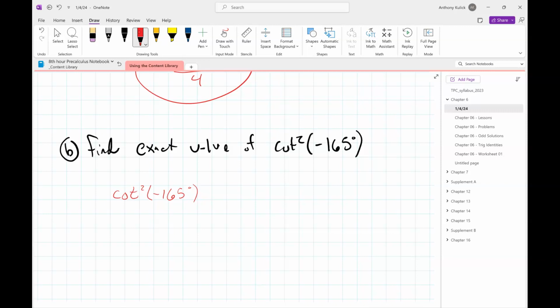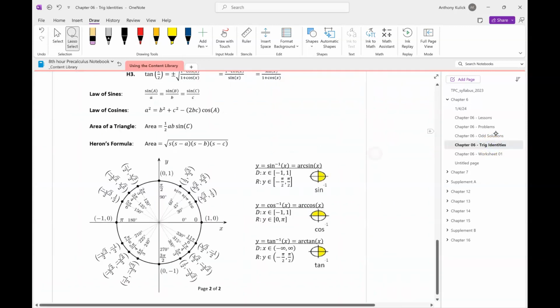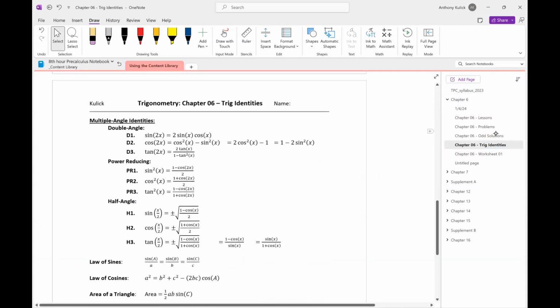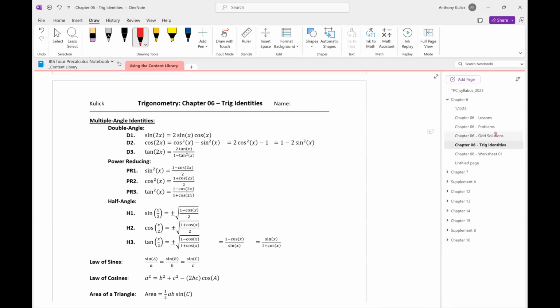Do you see a problem? Where's the cotangent squared? Bless you. It's not P2 because we have cotangent squared, not cosine squared. We're not going to use the h's.